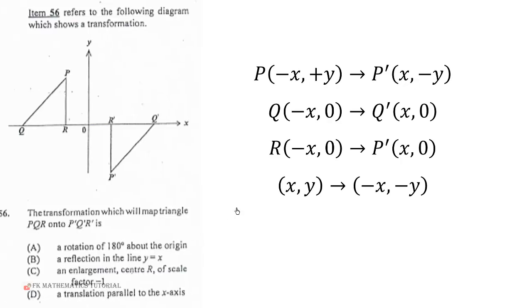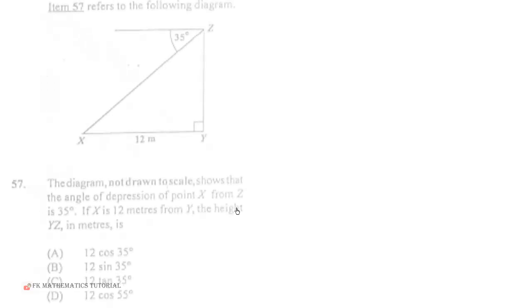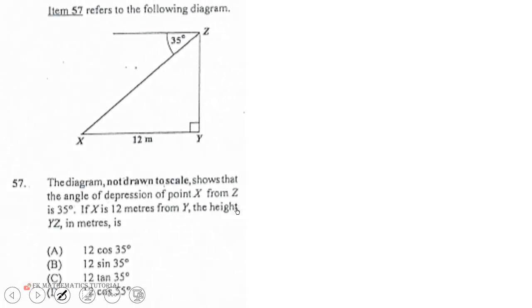Now let's look at item 57. It refers to the following diagram. The diagram, not drawn to scale, shows that the angle of depression of point X from Z is 35 degrees. If X is 12 meters from Y, the height YZ in meters is.